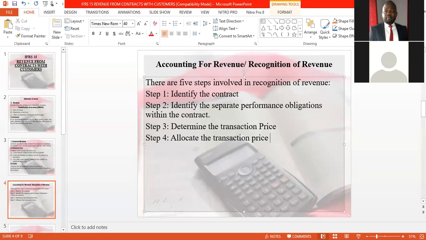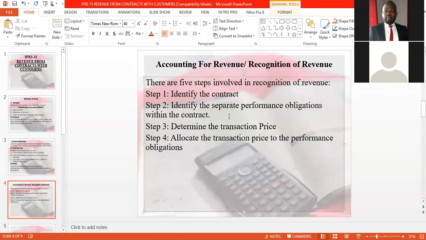Allocate the transaction price to the performance obligations. What do we mean by that? Out of the 10 billion, what goes to the construction and what goes to the maintenance? That is the allocation.